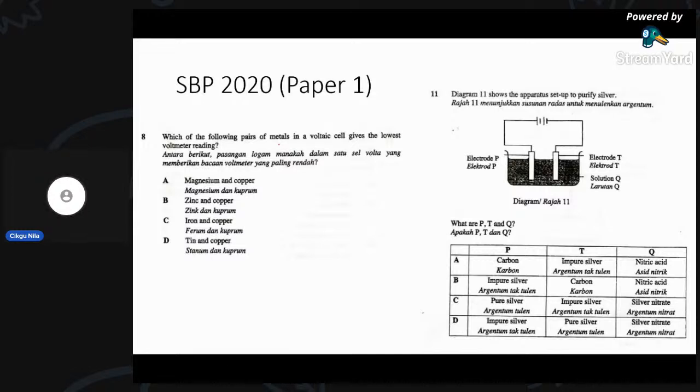You have to know what a voltaic cell is. When I talk about the voltaic cell, you have to understand there are two types of cell. This is under the chapter of electrochemistry. You should be able to differentiate between the two cells very clearly.